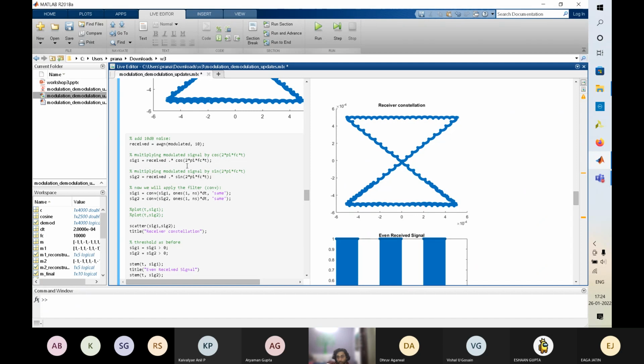Using simple trigonometry, if we multiply sine and cosine, we cannot extract, and after that if we use the low pass filter, only mT by 2 will be left in both the cases. So what we have done is, in the same frequency range, we have transmitted 2 bits.